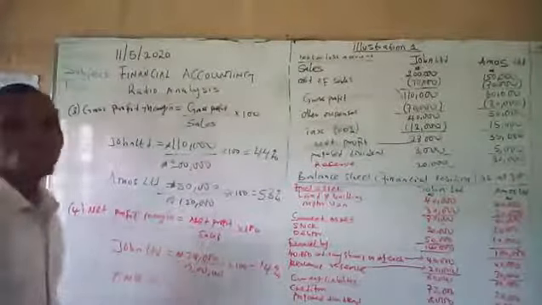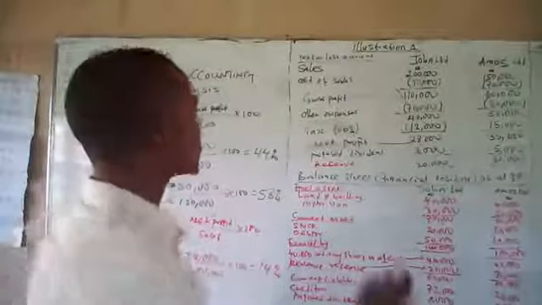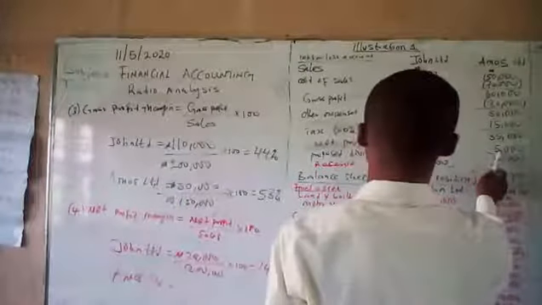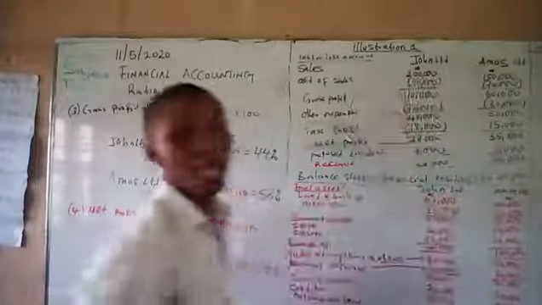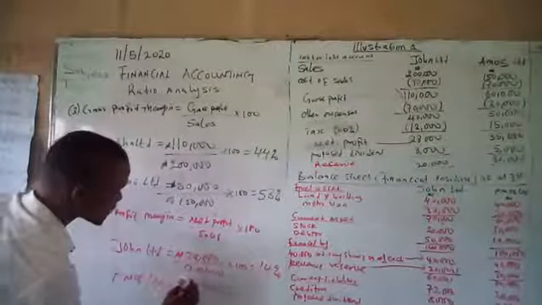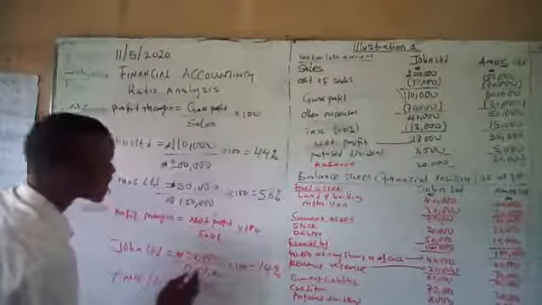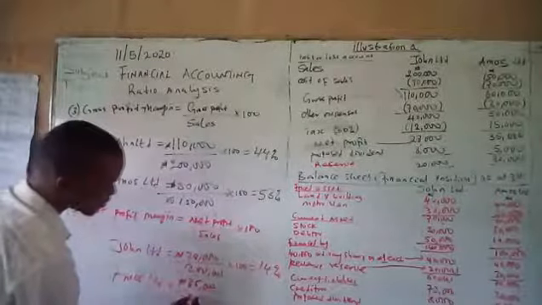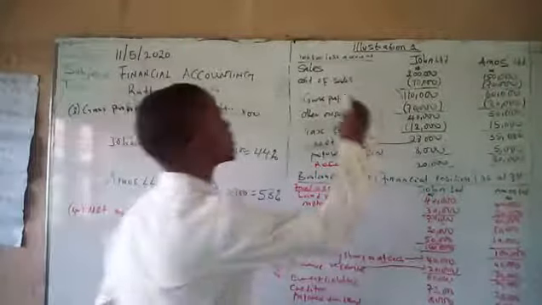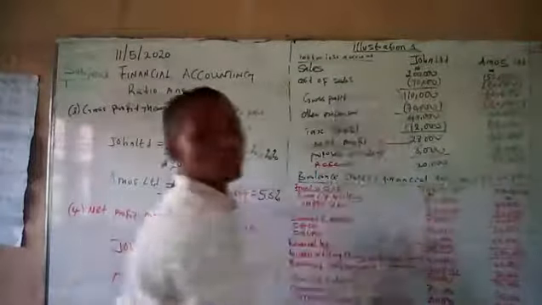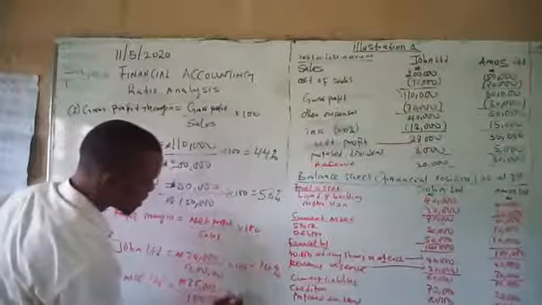For Amos Limited, the net profit is 35,000. We have 35,000 over sales of 150,000 multiplied by 100.